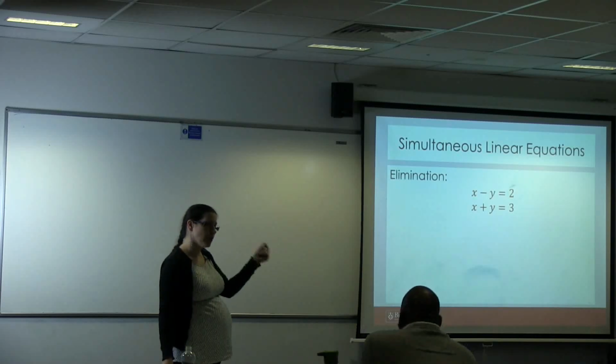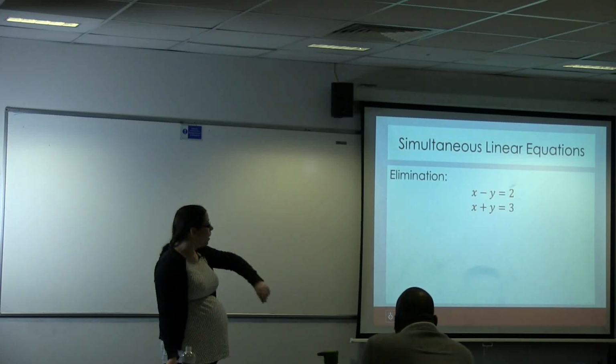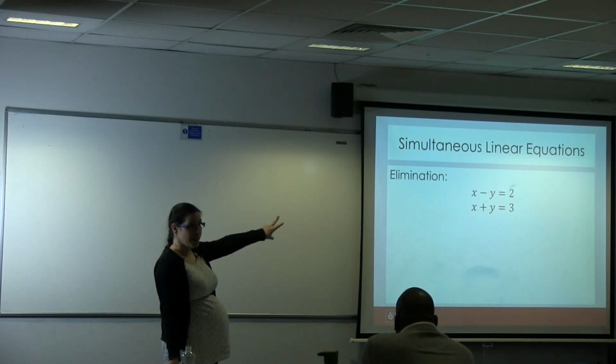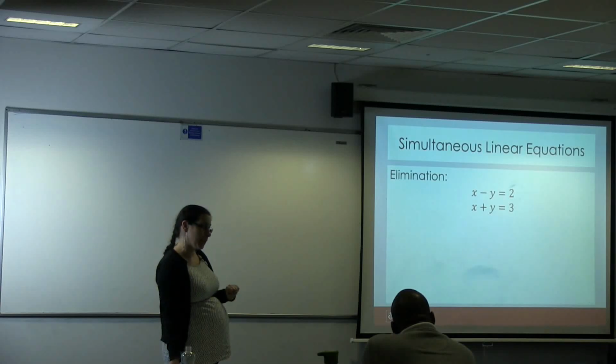And the coefficient is always a number that's multiplied by that variable. But we are spoiled for choice in here, because x have got the coefficient of +1 in both of them, and y has got the coefficient of -1 in one and +1 in the other.